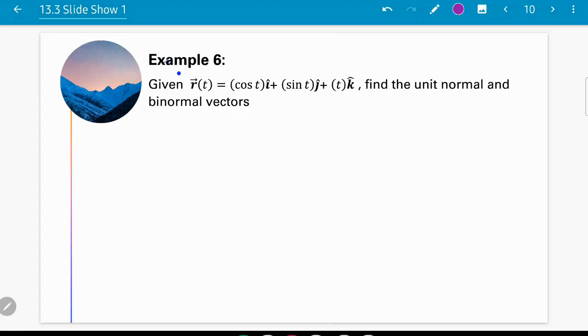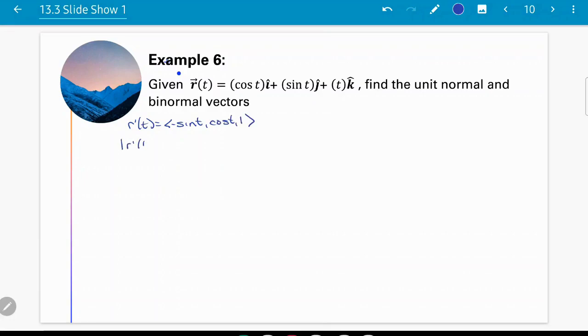So let's do an example here. Given r(t) is cosine t i plus sine t j plus t k, we are going to find the unit normal and the unit binormal vectors. We know that r'(t), which we have found previously, is negative sine t, cosine t, and 1.